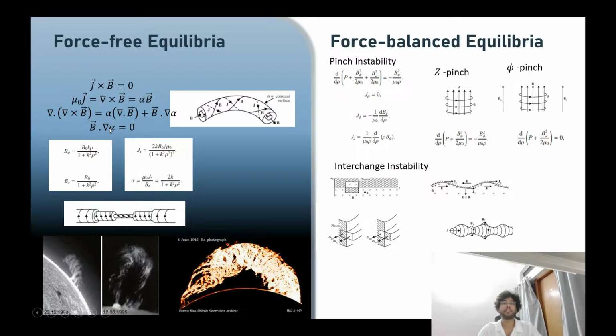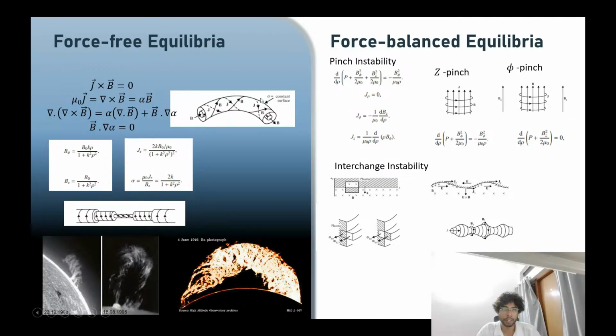So what this means is that if we have some surface which has constant alpha, then the magnetic field will be along that surface. This is exactly what it means.